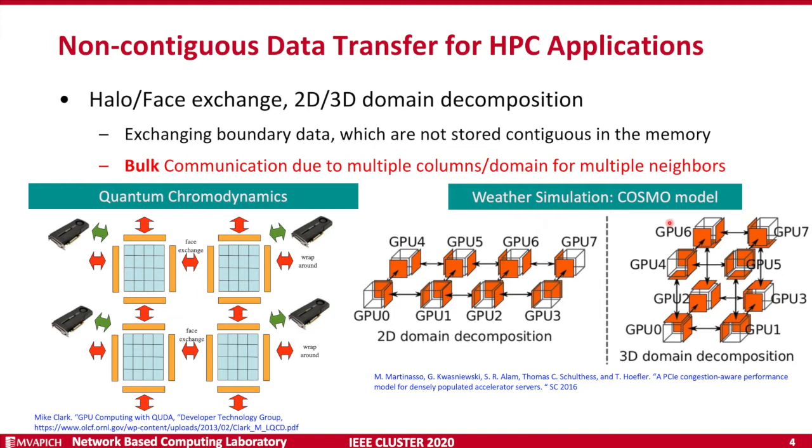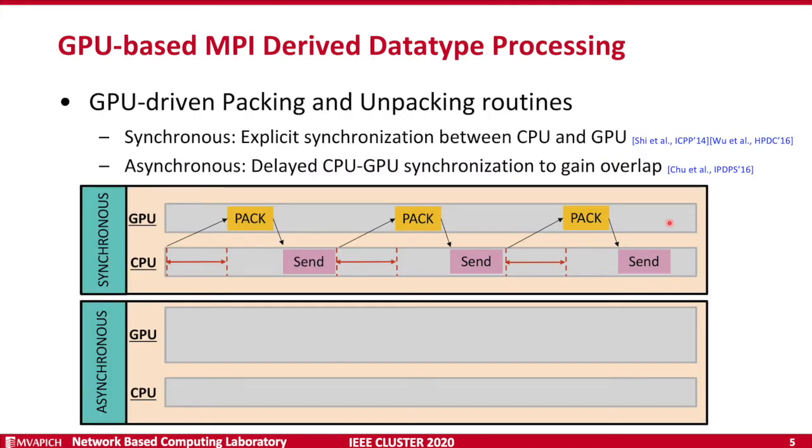The non-contiguous data transfer for bulk communication. Right now, there are already a lot of GPU-based approaches existing, especially in MPI, the Message Passing Interface. It defines what we call derived datatypes, so you can use that to represent your non-contiguous data.